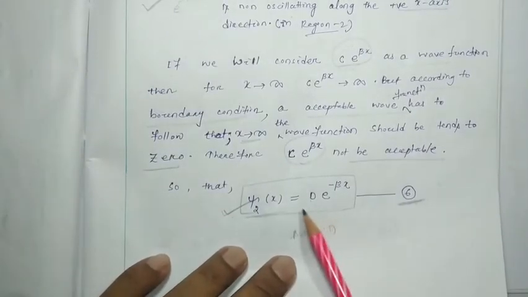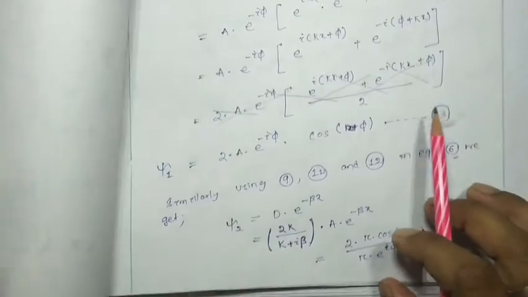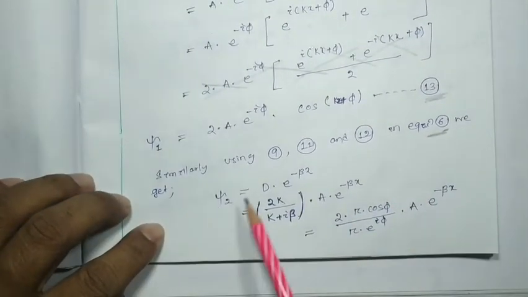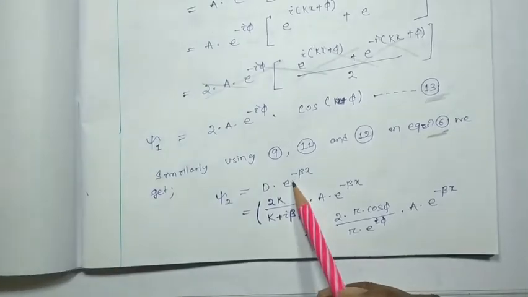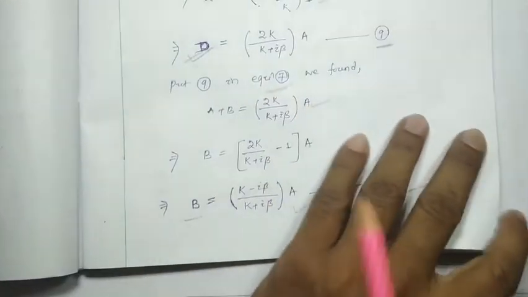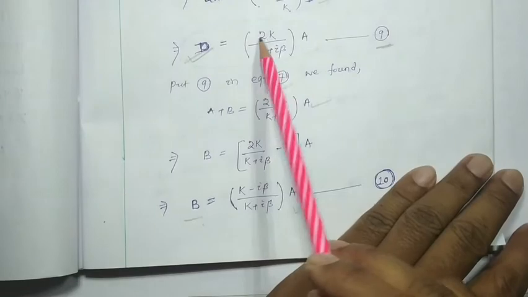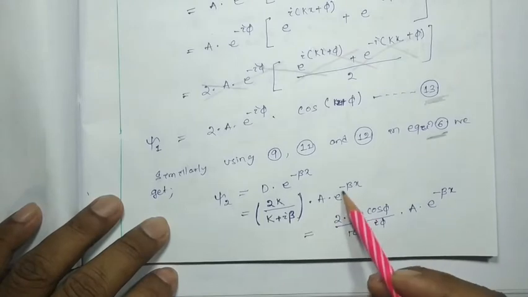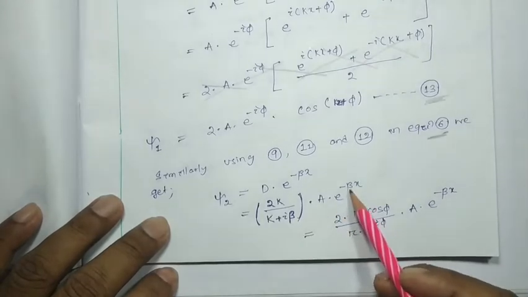So equation number 6 is nothing but psi 2 equals d e to the minus beta x. The d value we got is 2k by (k plus i beta) into a. You just write 2k by (k plus i beta) into a into e to the minus beta x.